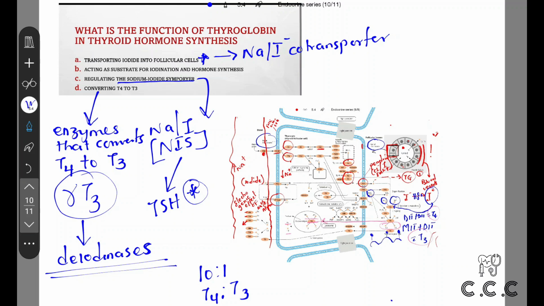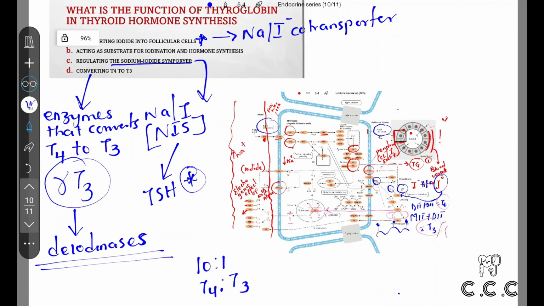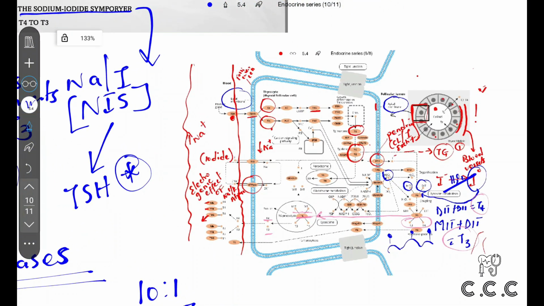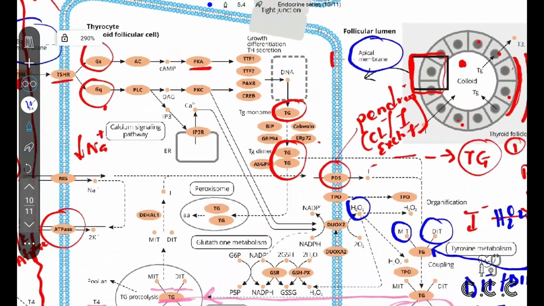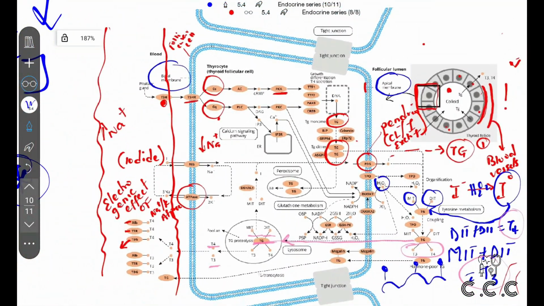Now it leaves us with option B. Option B says acting as a substrate for iodination and also for hormone synthesis. Is that true? Well, let us go back to our diagram. We for sure saw that thyroglobulin came out and it was a substrate all along.